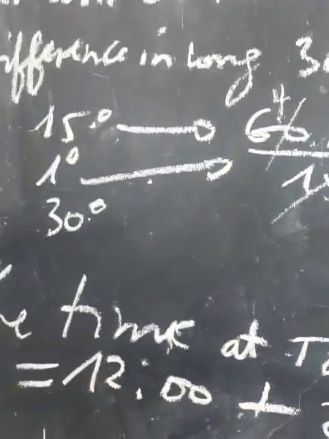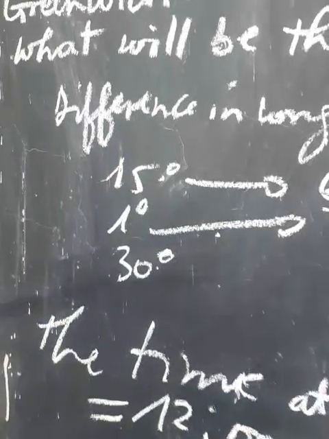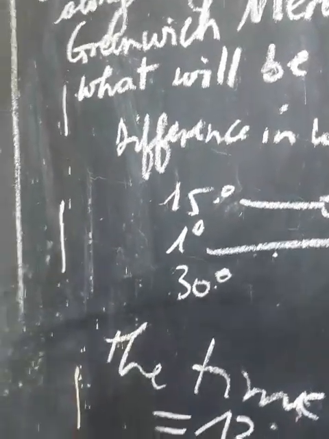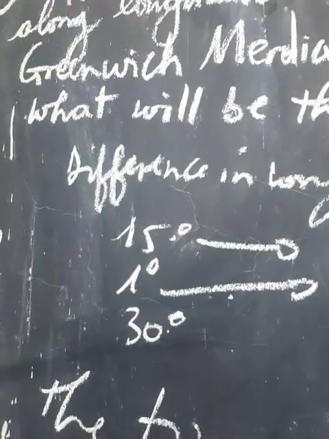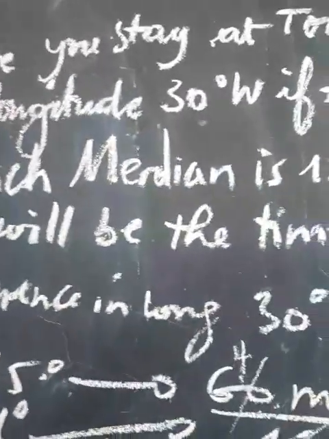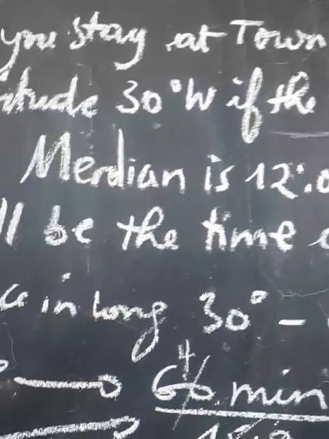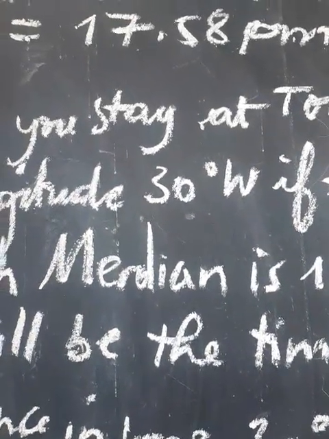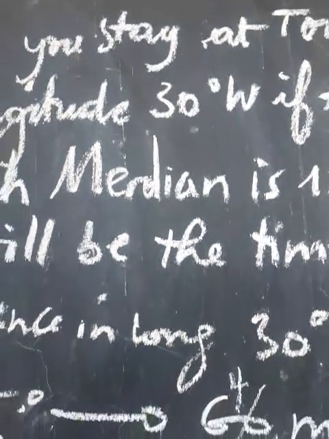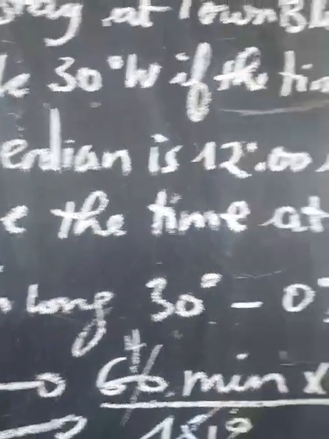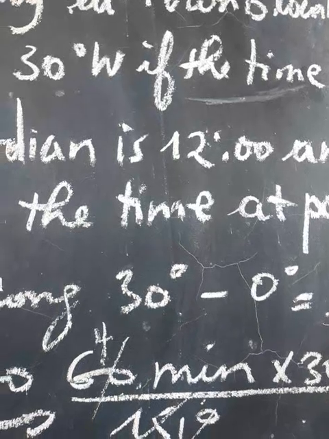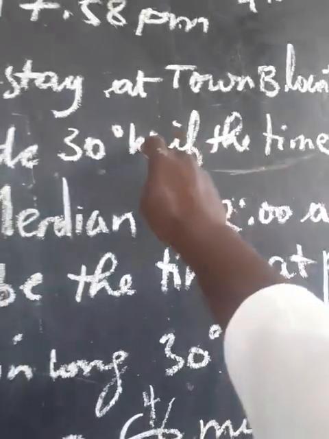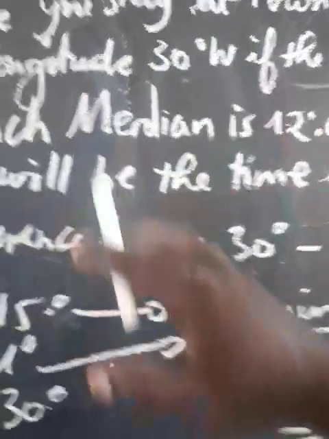Then we are going to find the time at town B. How do we find the time at town B? Since town B is located at a longitude of 30 degree west, and GMT is located at 0 degree, and they give us the time of GMT, which is 12 a.m., it means we are going from GMT to this 30 degree, which is located on the western side.